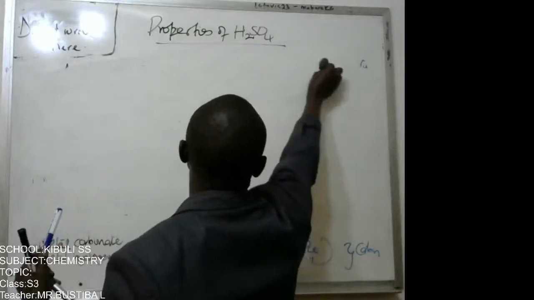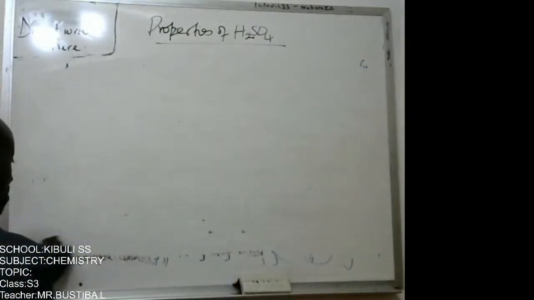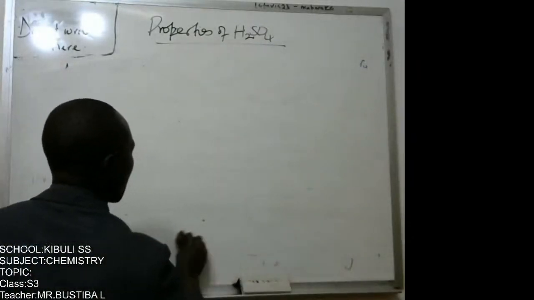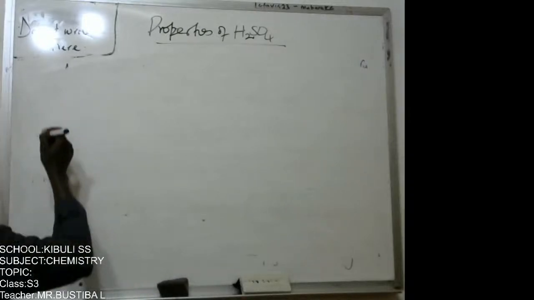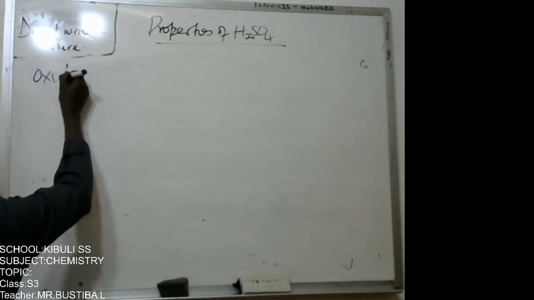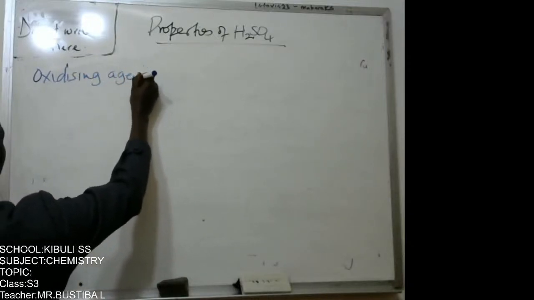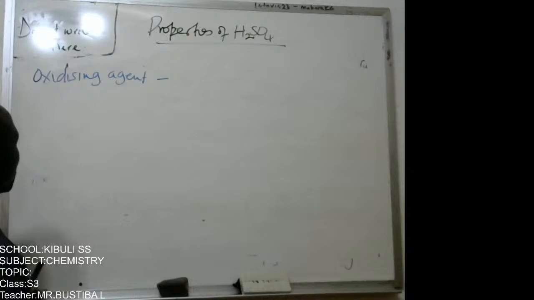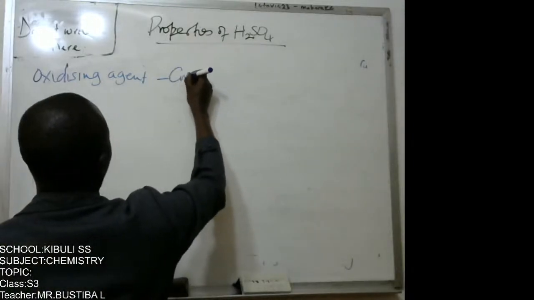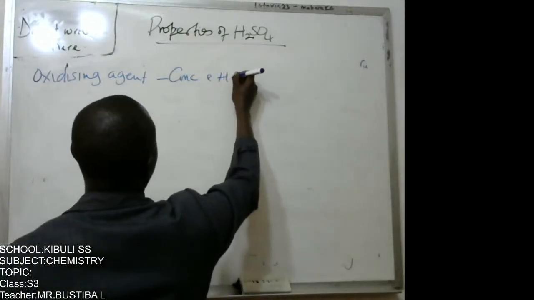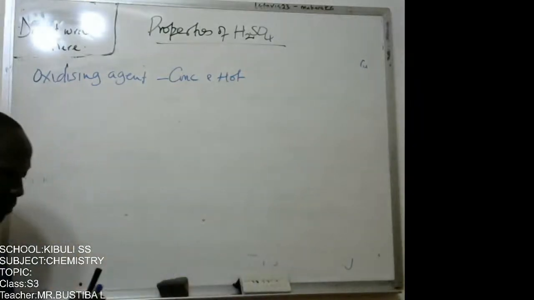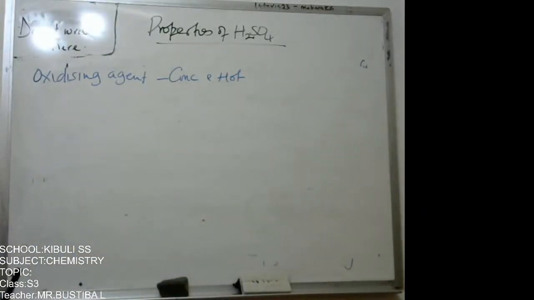When dilute and at room temperature. When do we use sulfuric acid as an oxidizing agent? This only takes place when the acid is concentrated and hot. When the acid is concentrated and hot.